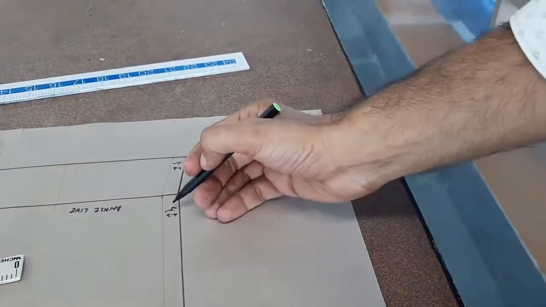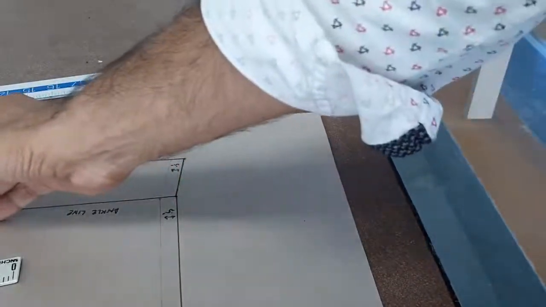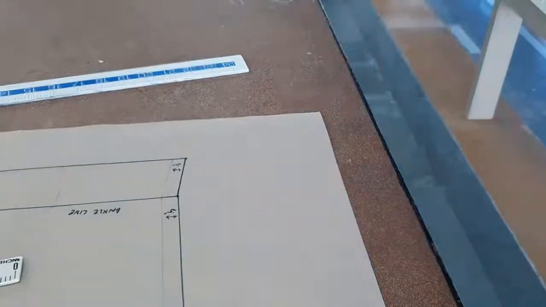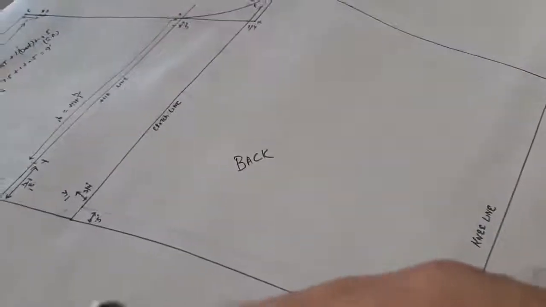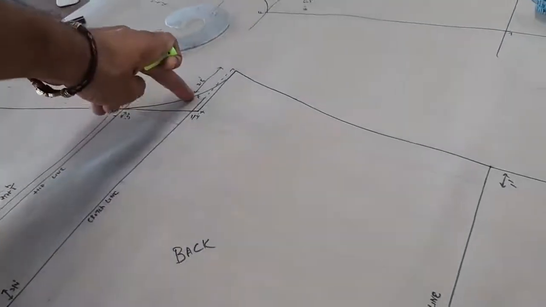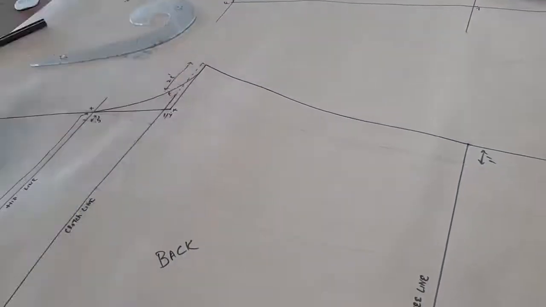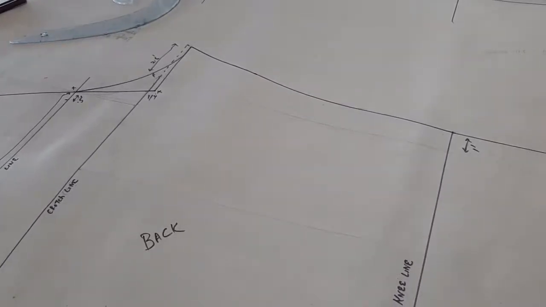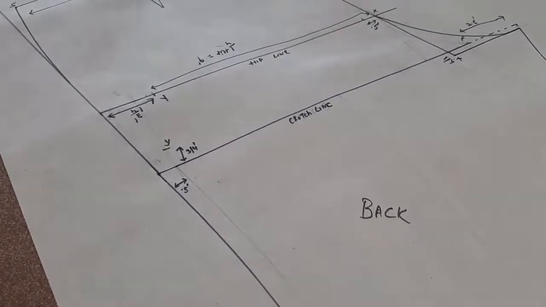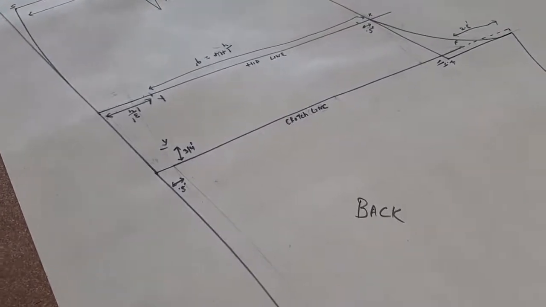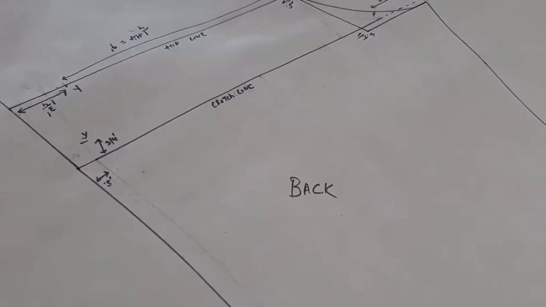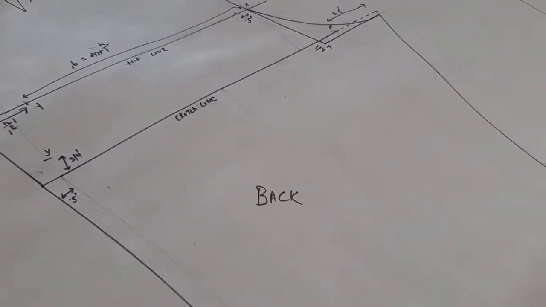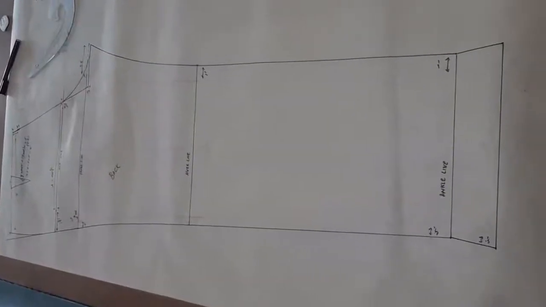So we simply have extended 0.5 inch here. At all the points 1 inch is here, and here at the crotch we have added 2.5 inches from this line.